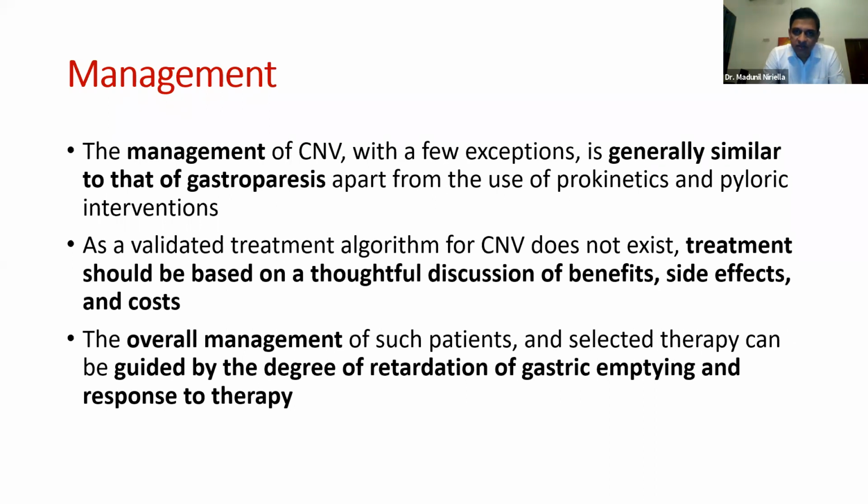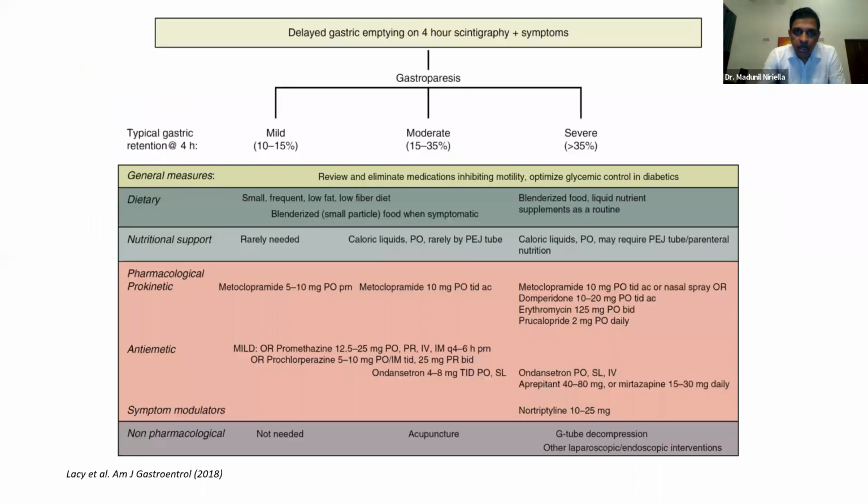The overall management of such patients and selected therapy can be guided by the degree of gastric emptying delay and the response to treatment. Here is a rough guide on how we should use the general measures, the dietary modifications, the nutritional support, the pharmacological therapies such as prokinetics, anti-emetics, and symptom modulators, and non-pharmacological methods in treating mild, moderate, and severe gastroparesis.